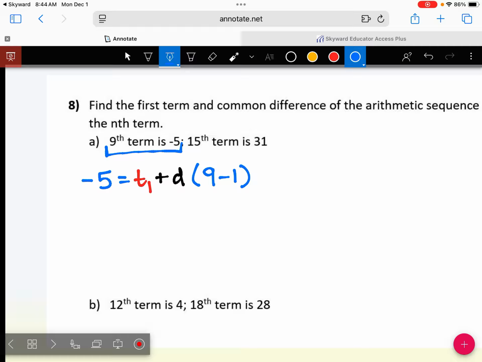Let's go ahead and simplify this down a little bit though, so it's not as ugly. So that means we have -5 equals T1 plus, and what's 9 minus 1? 8D. So that would be that equation.